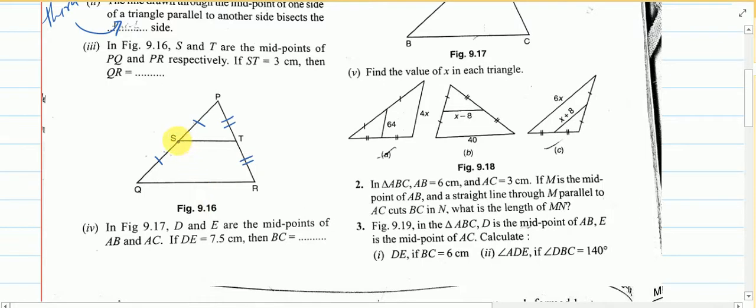Now they are saying if ST is 3 centimeter, what is the length of QR?